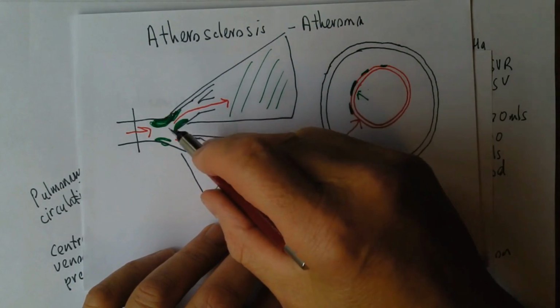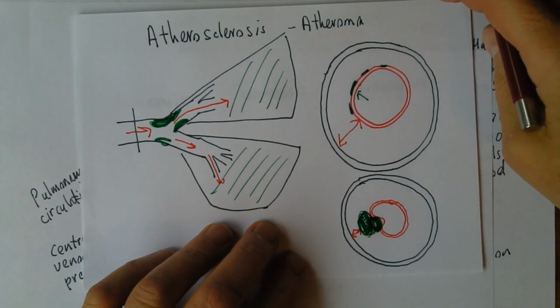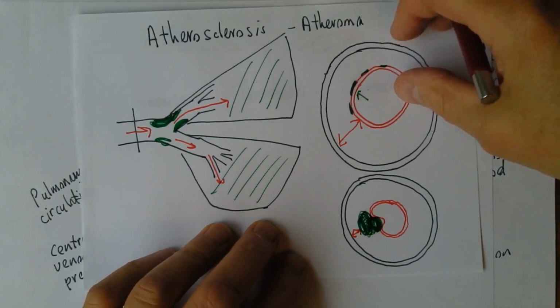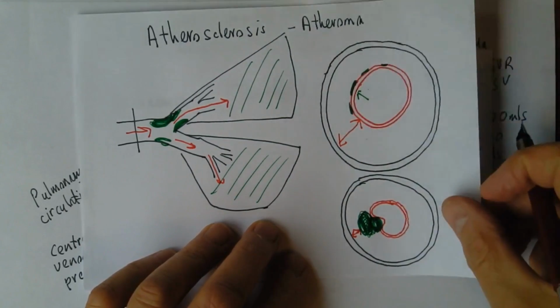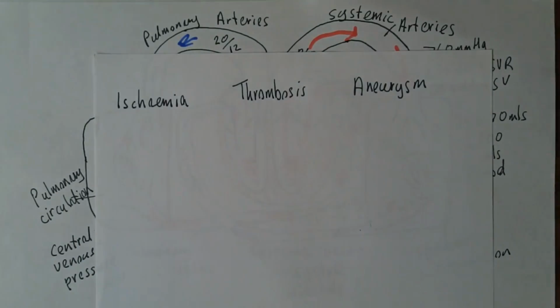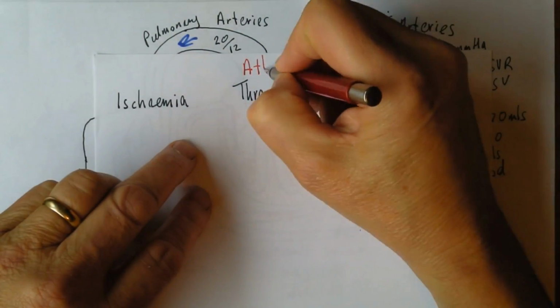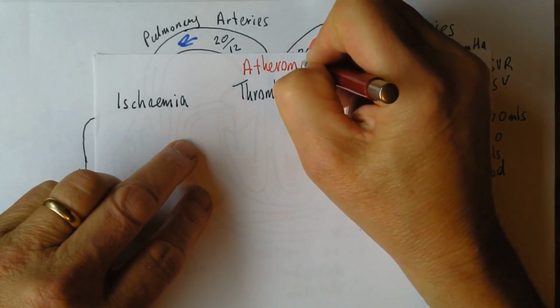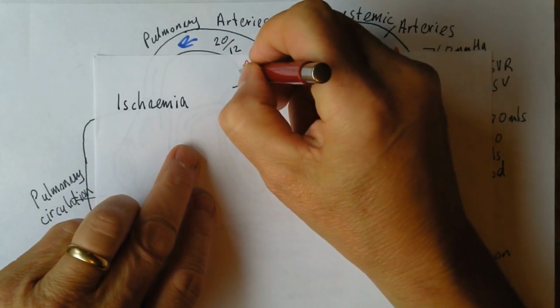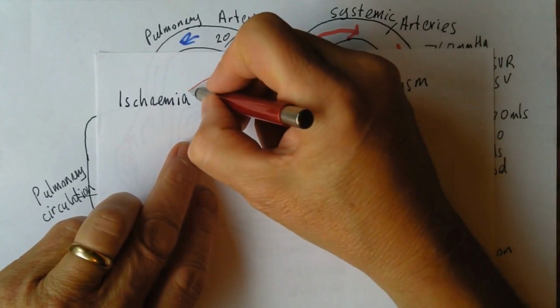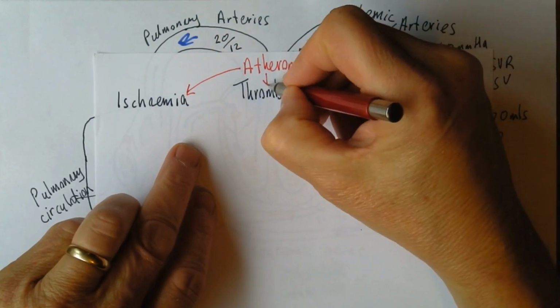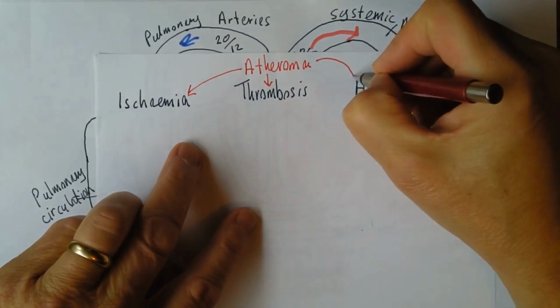So we get a weakened wall with less supply of oxygenated blood getting through. Now, these are all caused by atheroma, the atherosclerosis. A complication is ischemia, a complication is thrombosis, a complication is aneurysm.